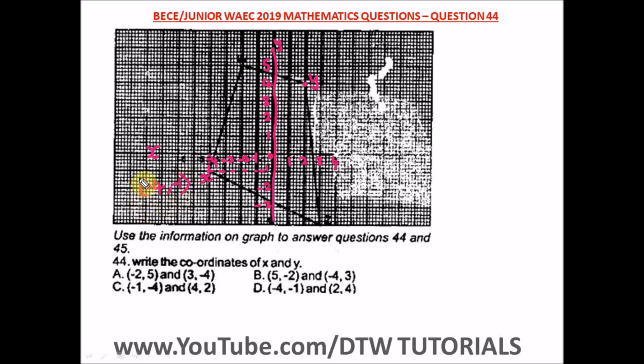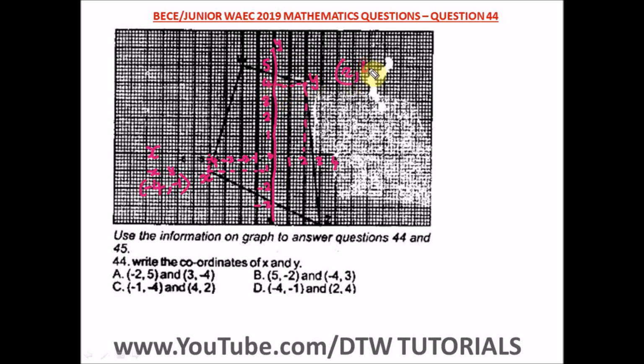I know in writing coordinates, this first part is traced to the x-axis, while this second part is traced to the y-axis. This is the way we write our coordinates on a graph, okay. So for y, what do we have? Trace first to the x-axis. If we trace this down here, we have 2, comma, then trace to the y-axis, we have 4.